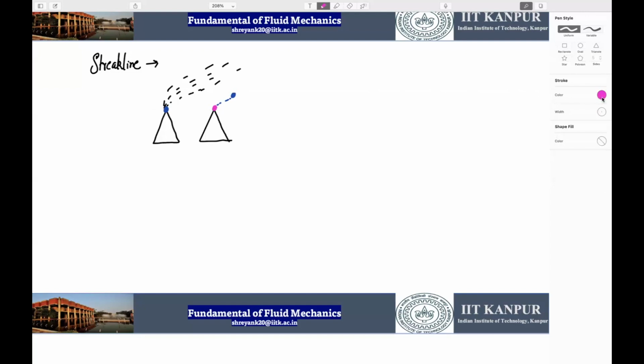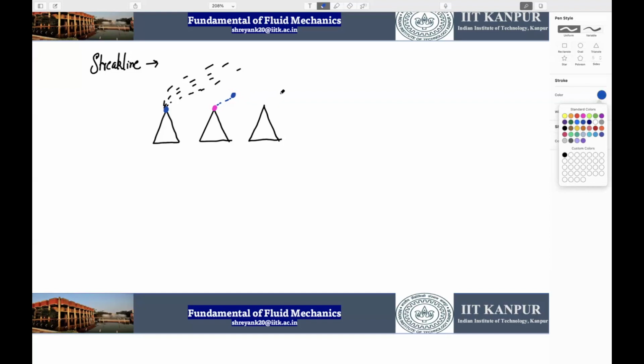Okay. Now again after some time t, we again inject another particle. So now what happens? This blue particle will go elsewhere, and this pink particle also will go elsewhere.